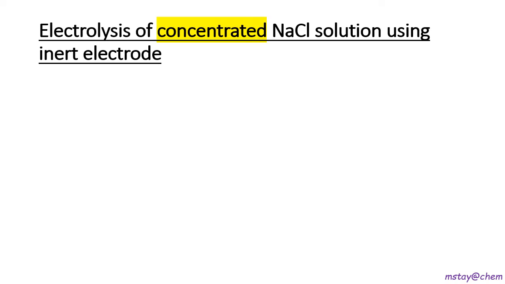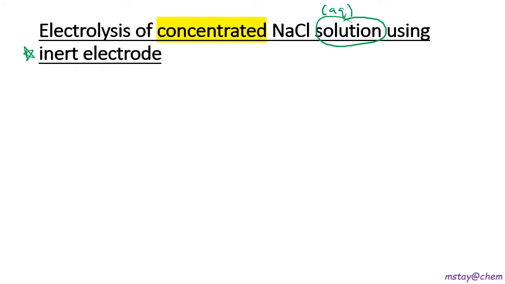Okay, let's start with the electrolysis of concentrated NaCl solution using inert electrodes. So once we see the word solution, basically we have the idea that we are going to add some water, so that it becomes a solution and the physical state is aqueous.